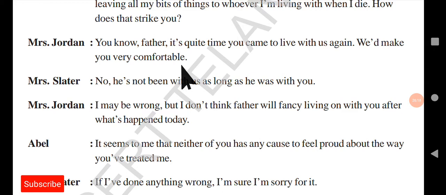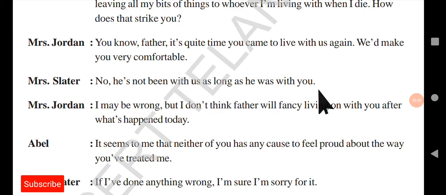Elizabeth again says that before he came to Mrs. Slater's house, the old man was with Mrs. Jordan, in their house. Mrs. Jordan says, so father, it has been a very long time since you came to our house, now come and live with us. Mrs. Slater says, no, he's not been with us as long as he was with you.